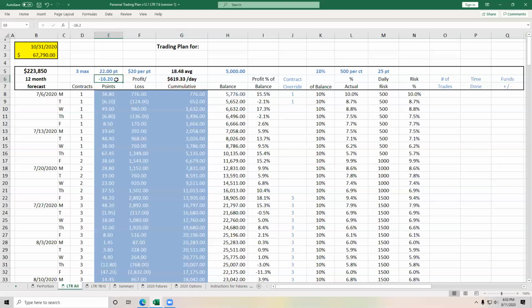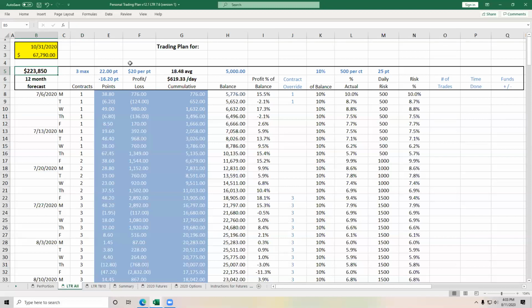And now I can see what my forecast is based on all of the actuals for 5.5 weeks and the future forecast using those factors for the remainder of 12 months. And that's based on a maximum of 3 contracts.